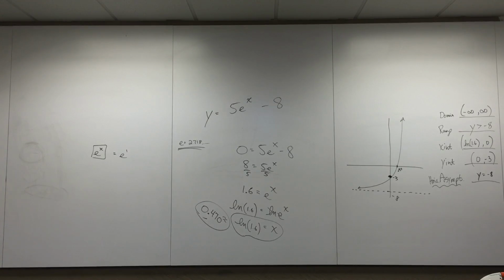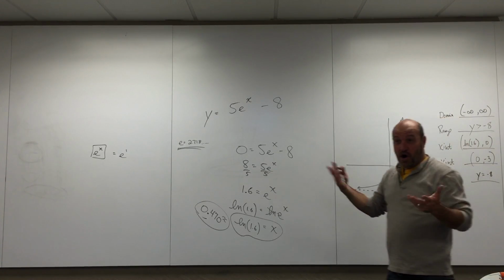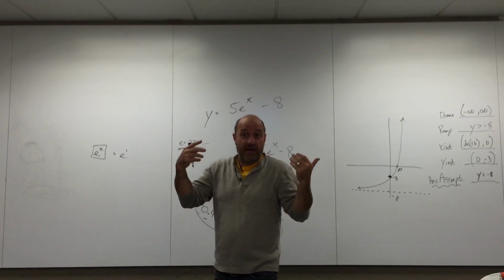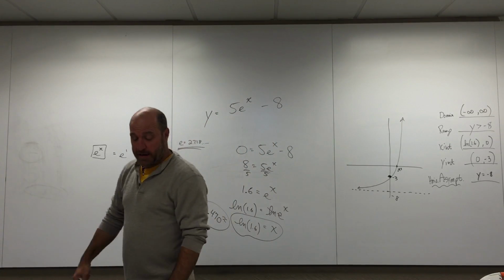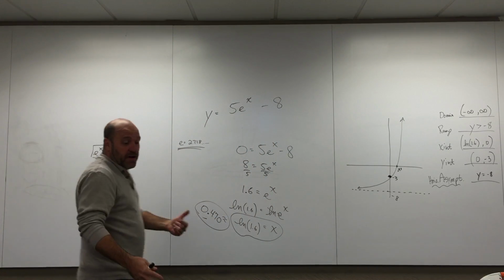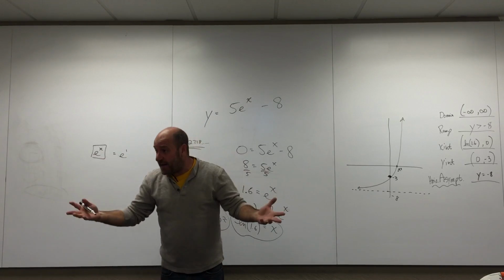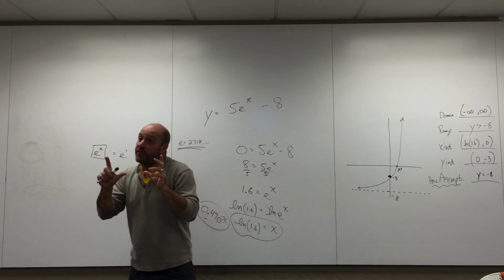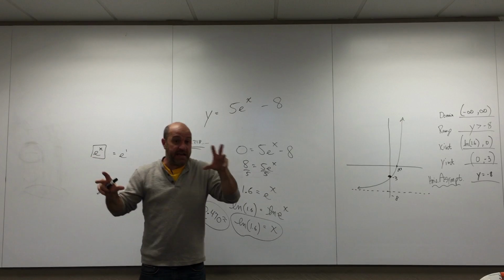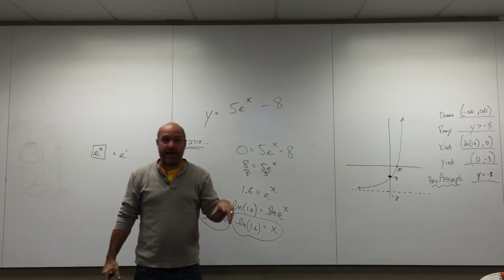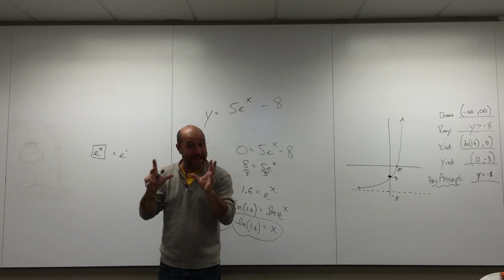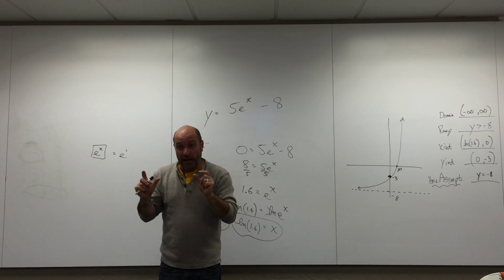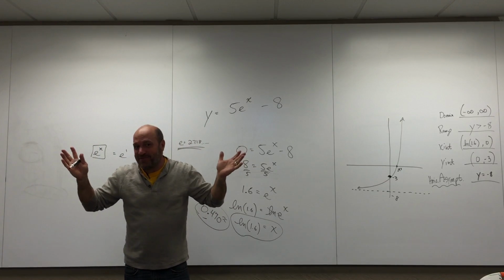So I sort of just introduced you to logarithms. I didn't really tell you what they were, except that they're the inverse of an exponential function. And again, in Tuesday's class, we did a lot of different exponential functions with a lot of different bases. Base 2, base 5, base 10, we did a lot of stuff. And then we ended up at base e. Well, there are a lot of different logarithms with different bases.